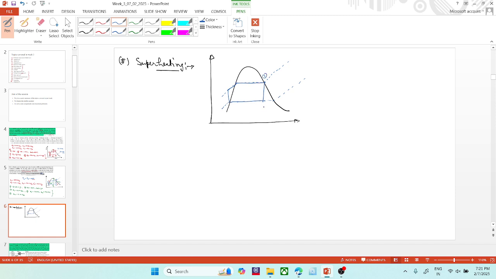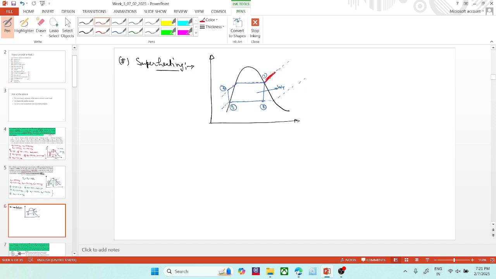This is point 1, 2, 3, and 4. So we can see that this gap is less, so here the turbine work is lesser. But when we introduce the superheating, superheating means the turbine entry point would be in the superheated region.